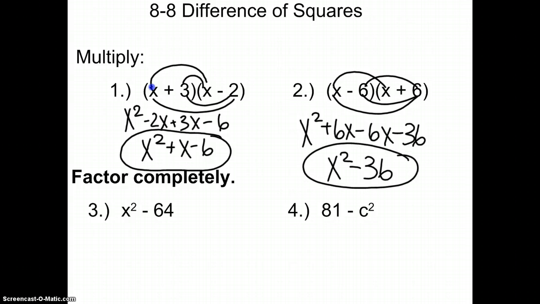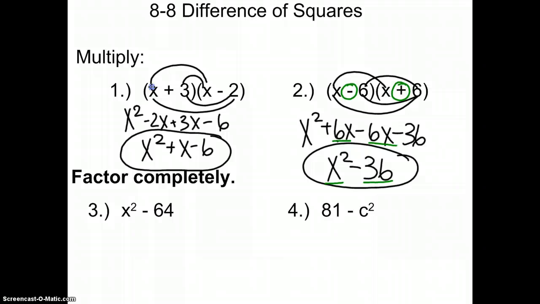And if you notice, the middle terms cancel out. So when we have an x minus 6 and an x plus 6, when everything is the same except for the sign, then we're going to have an x squared and our 6 squared with a subtraction in between.